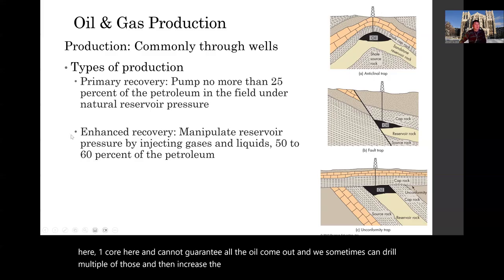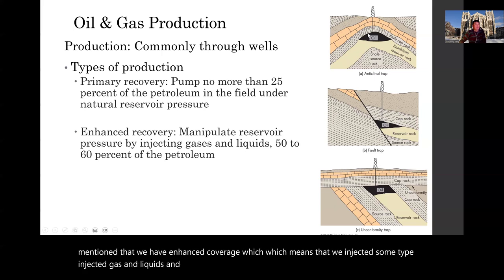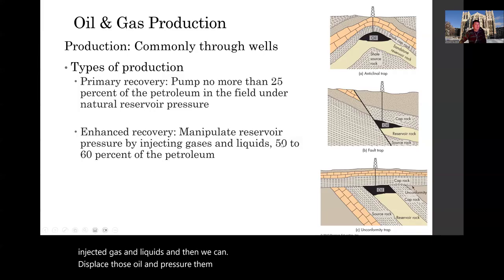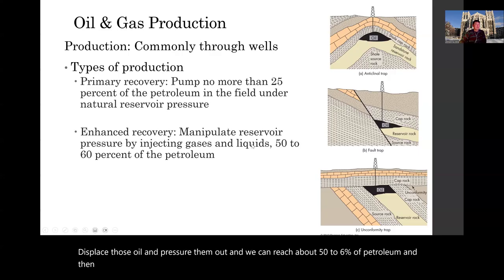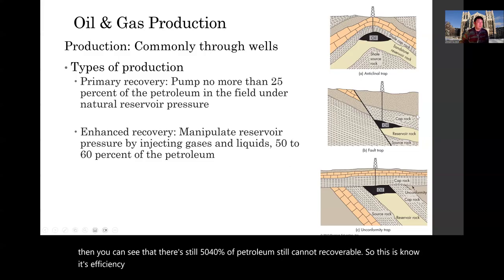These days we have, as we mentioned last time, enhanced recovery, which means that we sometimes inject gas and liquids to displace the oil and pressure it out, and we can reach about 50 to 60% of the petroleum. You can see that there's still 40% of petroleum that is not recoverable, so the efficiency of recovering it is very, very important.